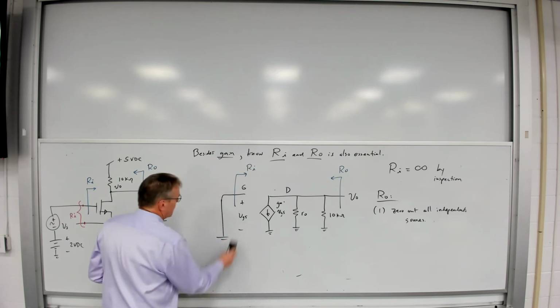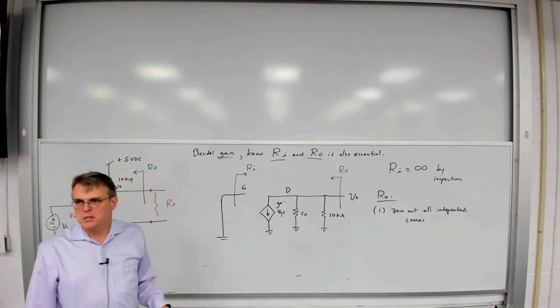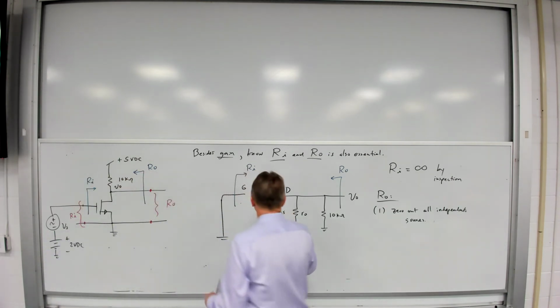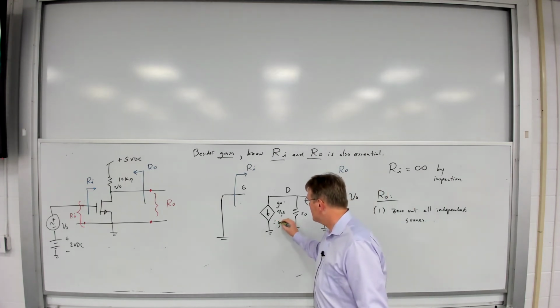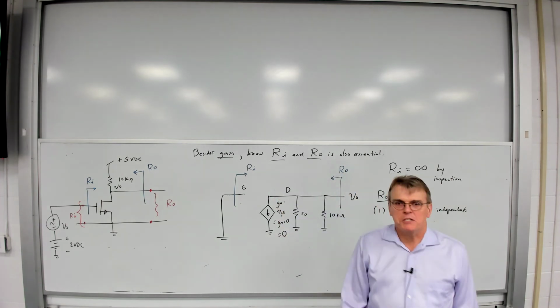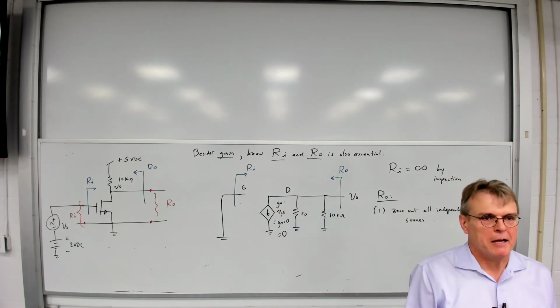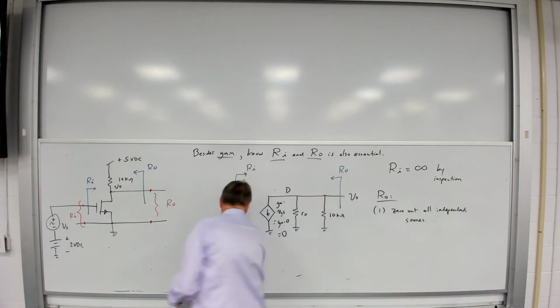Let's zero that out. What's VGS equal to? 0. What's GM times VGS now equal to? Equal to GM times 0, which is equal to 0. What does a 0 value current source look like? Open circuit. Yeah, this is just an open circuit.